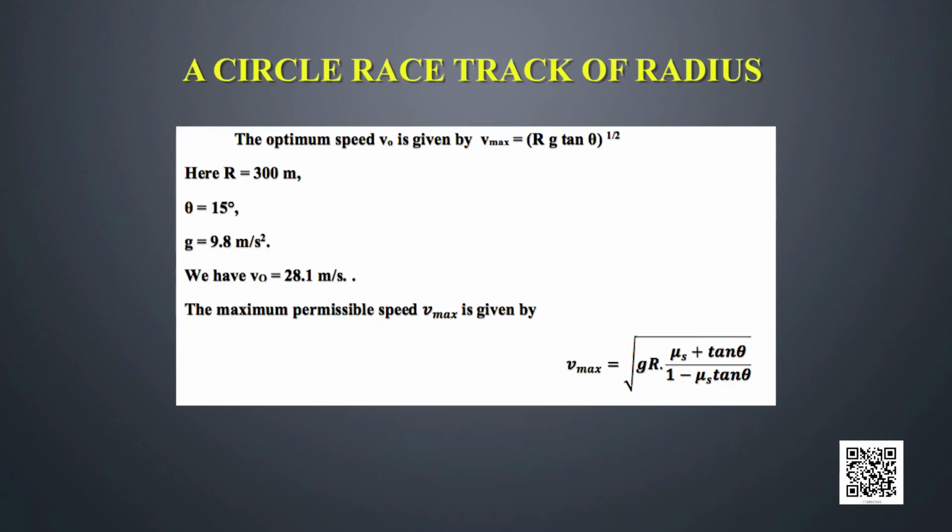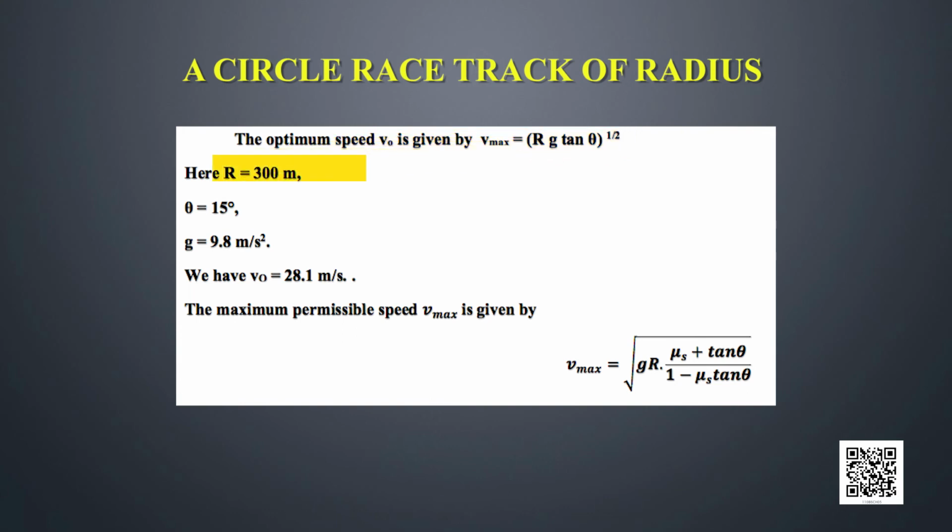The component of normal reaction is enough to provide the needed centripetal force, and the frictional force is not needed in part 1. So, the optimum speed v is given by v equal to square root of r g tangent theta.